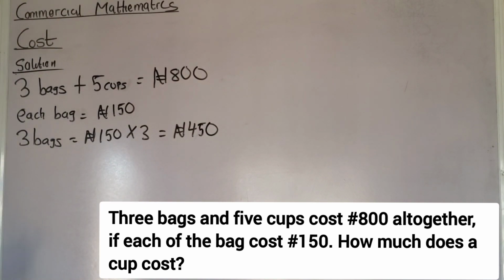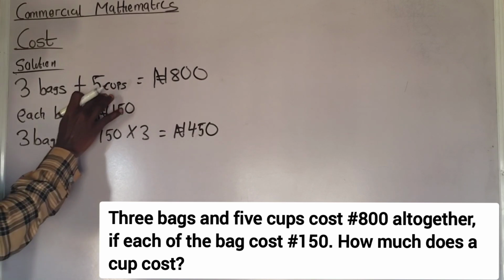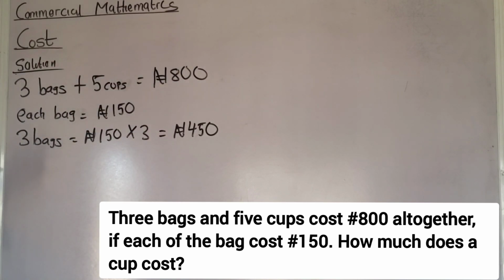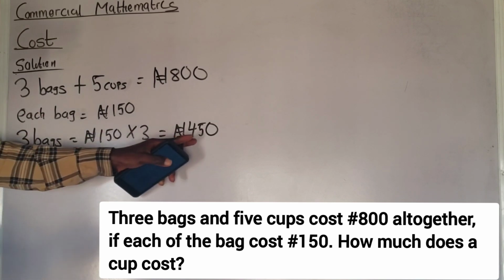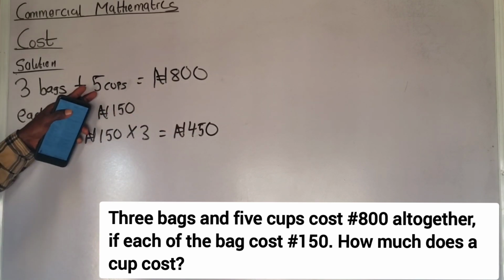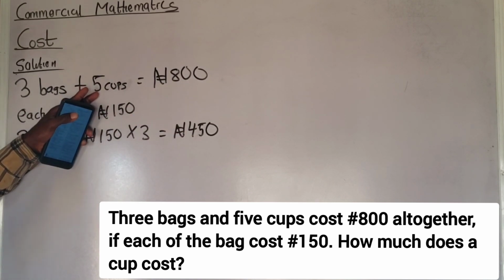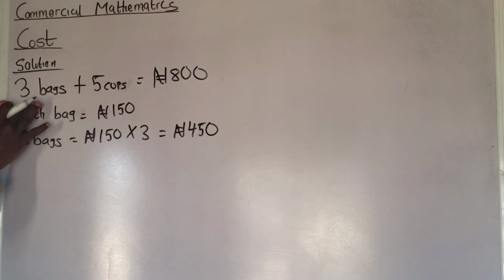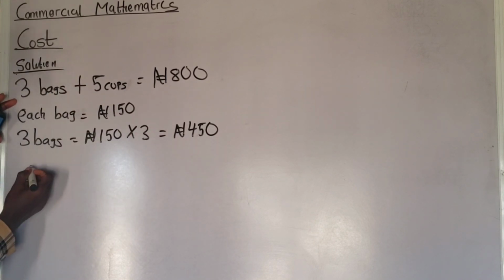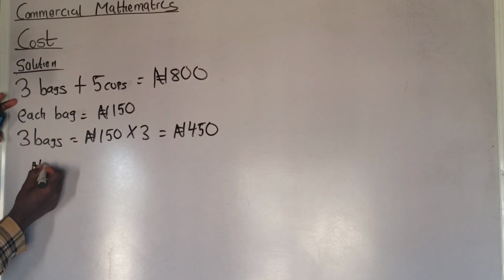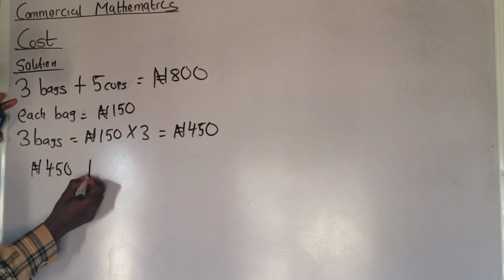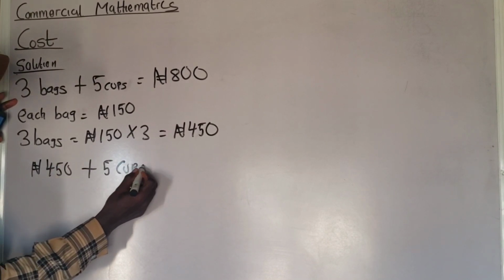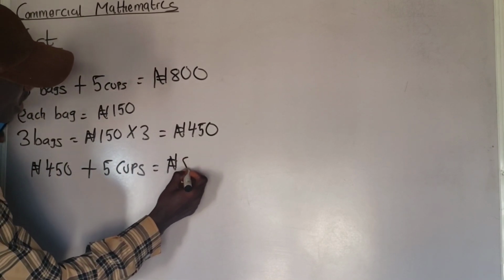This is the cost of 3 bags. Since we know that 3 bags and 5 cups cost 800 naira, and 3 bags cost 450 naira, I can easily determine the cost of 5 cups. Let us substitute: 450 naira plus 5 cups is equal to 800 naira.